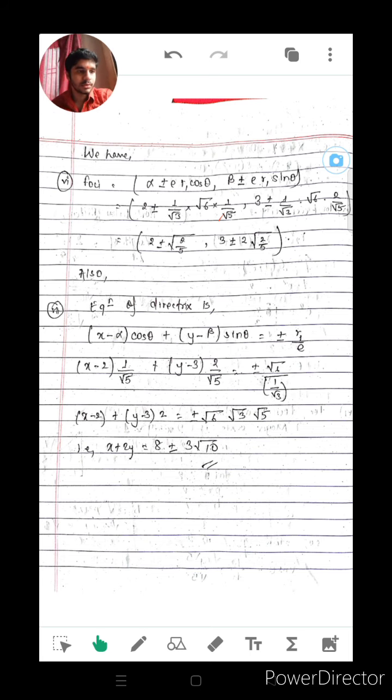So conics is a bit simple. If you understand the technique, you can easily solve the problem and get your answer.